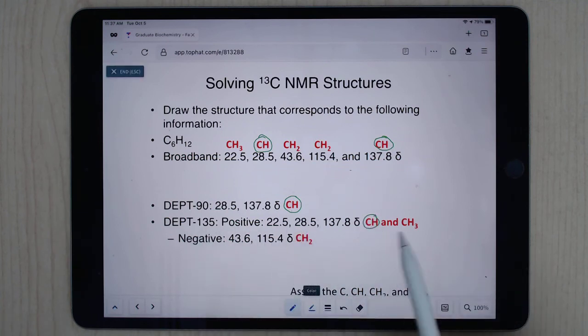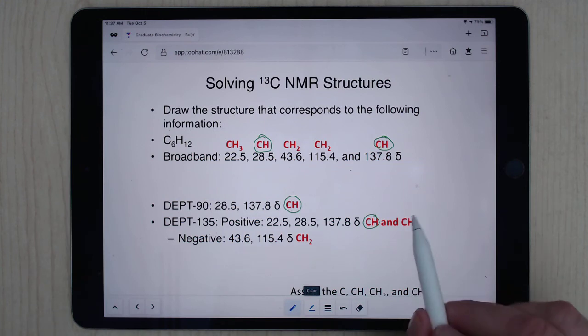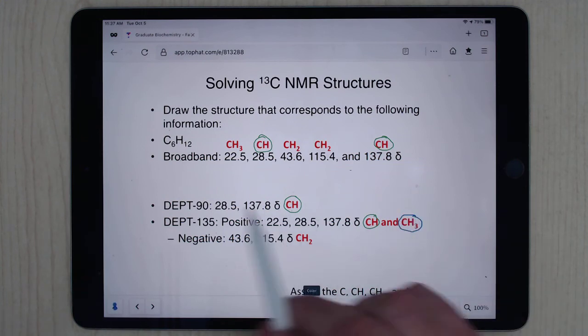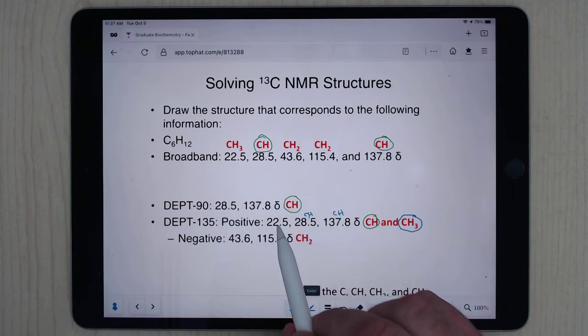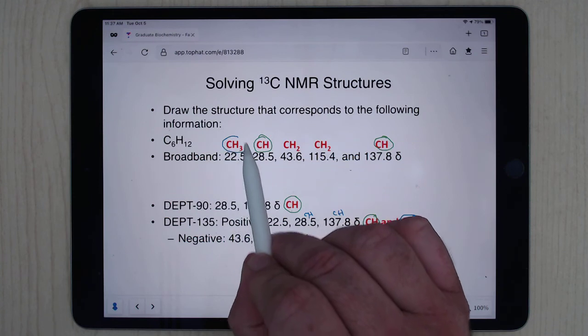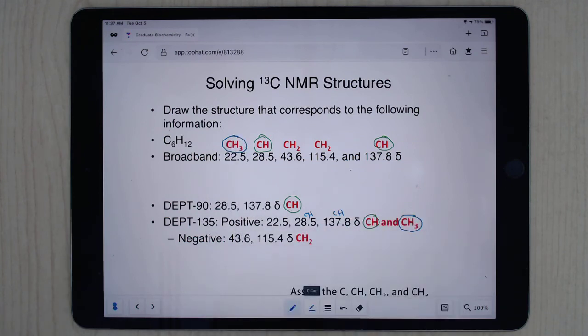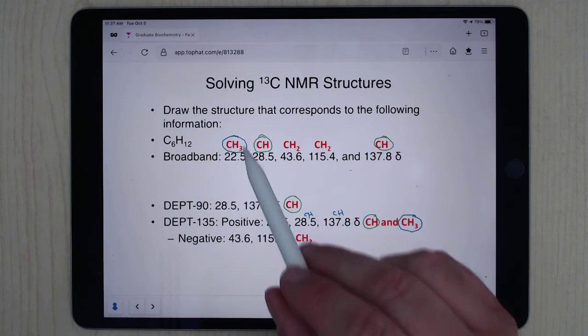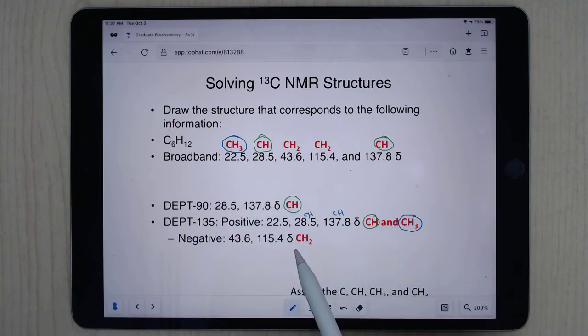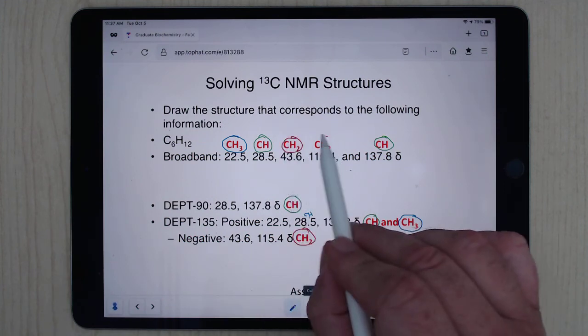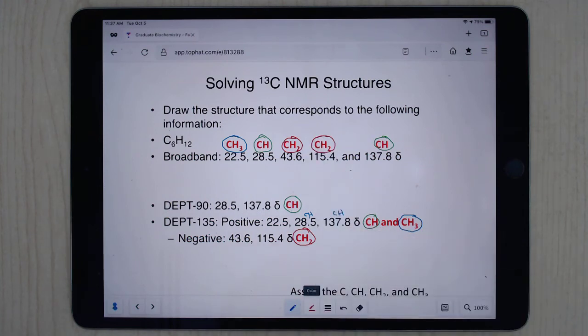For the positives, it could either be a CH or a CH3, but we already know that this is a CH and this is a CH, because it's up here. So that makes this one a CH3. Because it doesn't appear in this, we know it's not a CH, so it has to be a CH3. Now the negatives are easy because they're CH2s, and so they're here and here.